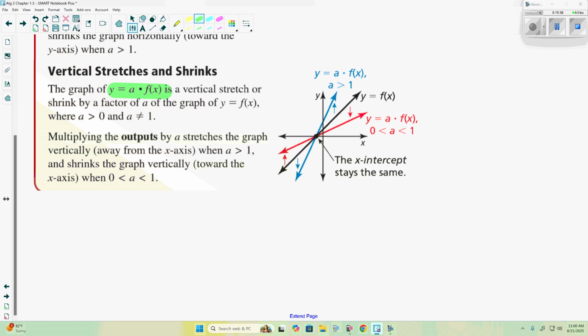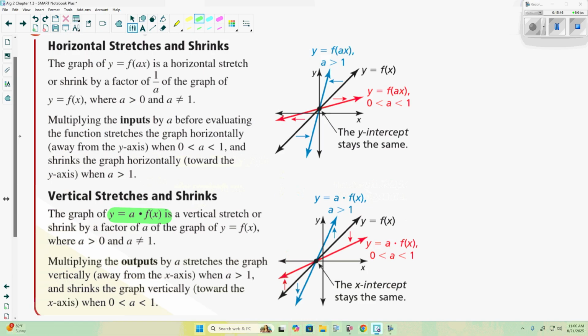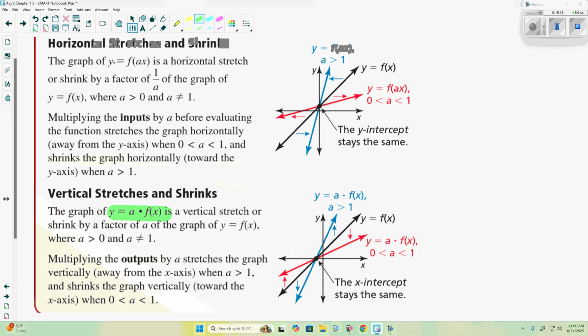Okay? Horizontal stretch or shrink is f of a times x. The graph of y equals f of a times x is a horizontal stretch or shrink by a factor of 1 over a.